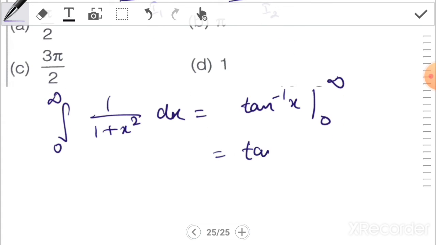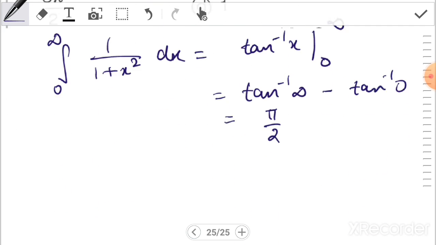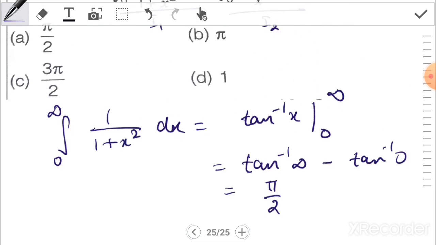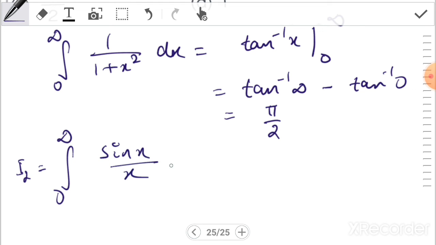So tan inverse infinite minus tan inverse 0 is pi by 2 minus 0. And for I2, integral 0 to infinite sin x by x dx.